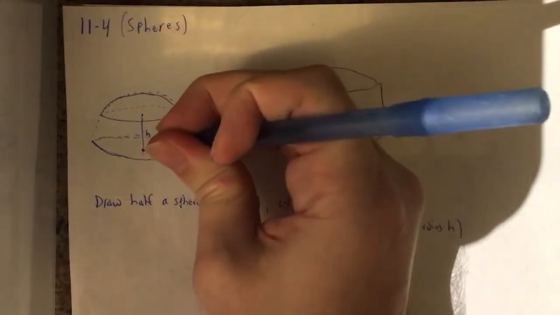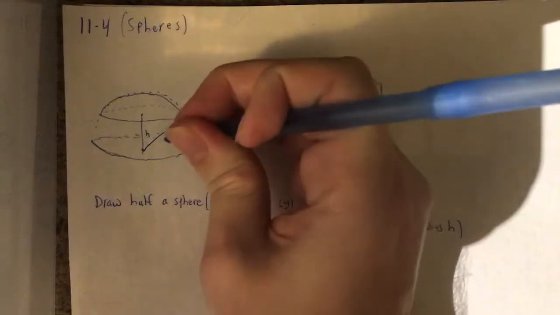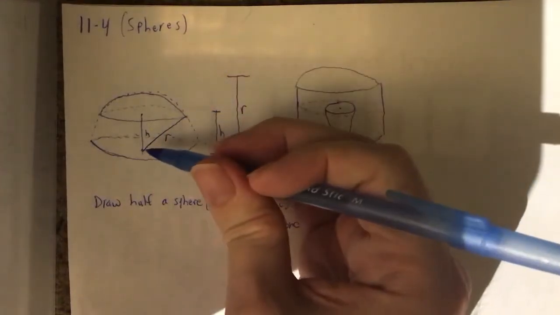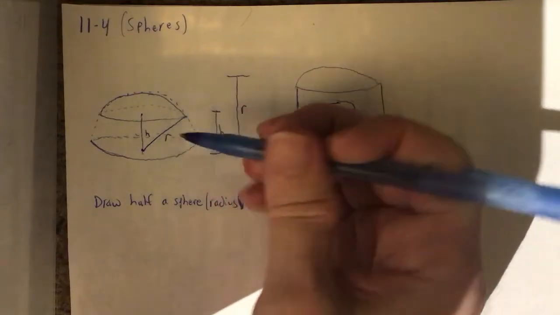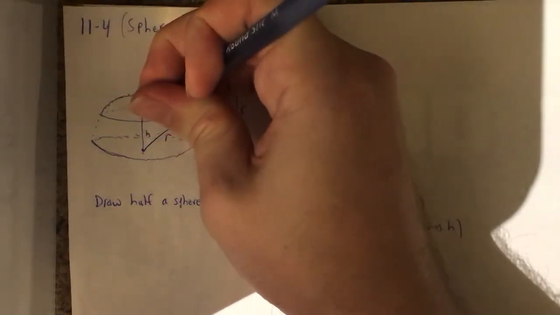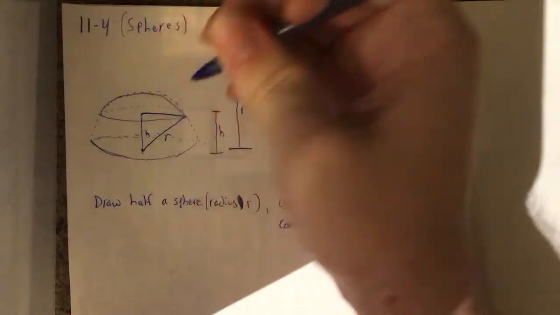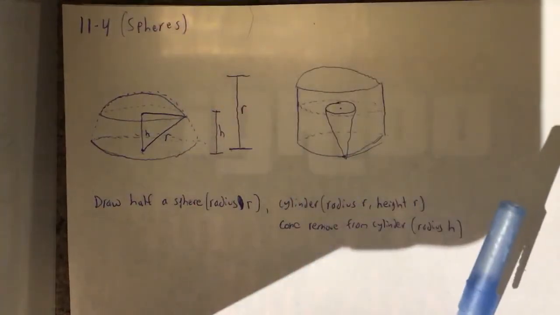We know the radius of the sphere is r. That goes from the center to a point on the sphere. So I want to figure out the radius of the cross-section and then derive a formula for it.